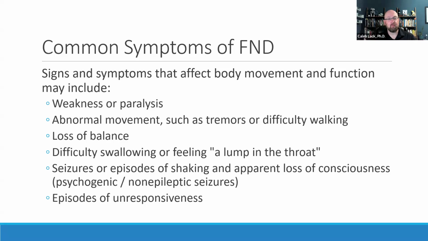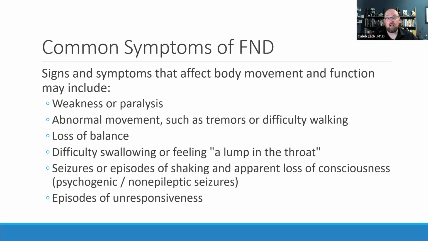In that way, it's like somebody with panic attacks, right? I can have tons of people come in, and because there are so many different kinds of panic attack symptoms, I can have an infinite variety of panic attacks and what they look like for individuals. Same thing with functional neurological disorder: lots and lots of varied presentations. There are some that are much more common, and we'll talk about that, but they can be really highly varied.